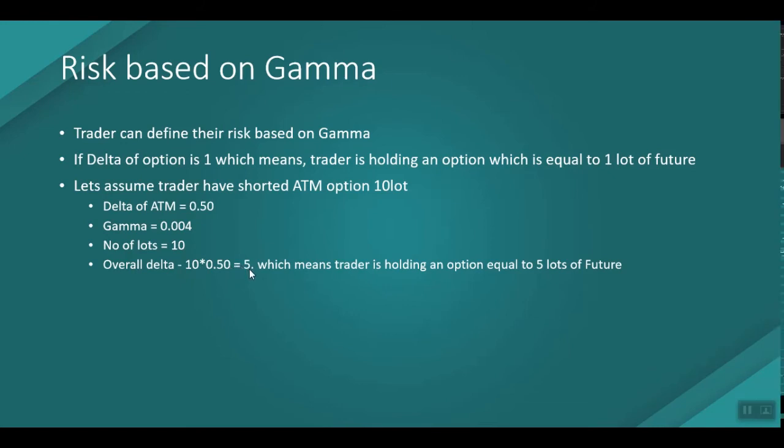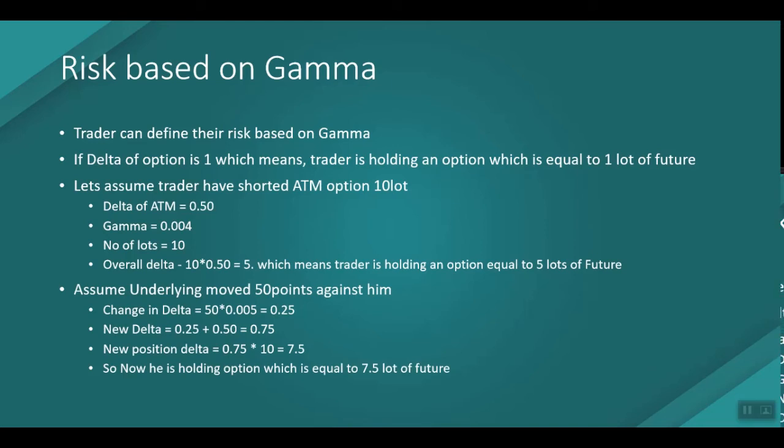So for each 1 rupee movement, we will have a 5 rupee movement in our option premiums, because we have shorted 10 lots and our option delta is 5, right? Which is equal to 5 lots of futures. So now you might think that we have entered into 10 lots and will have a risk of only 5 rupees for each 1 rupee movement.